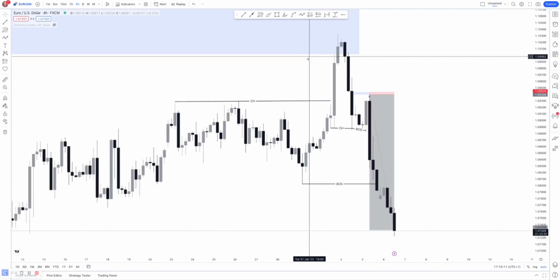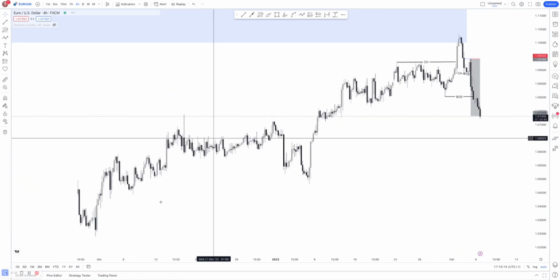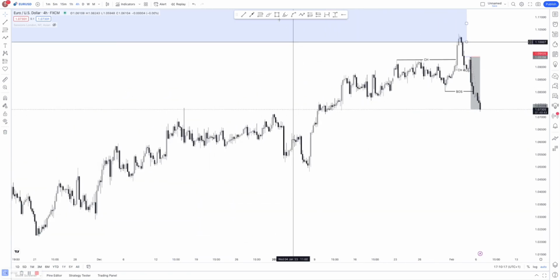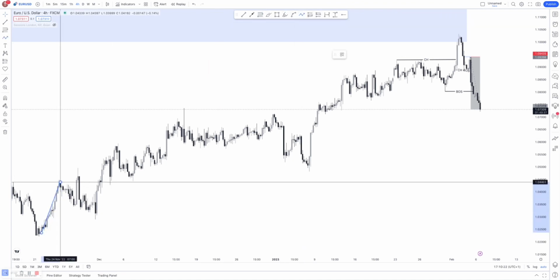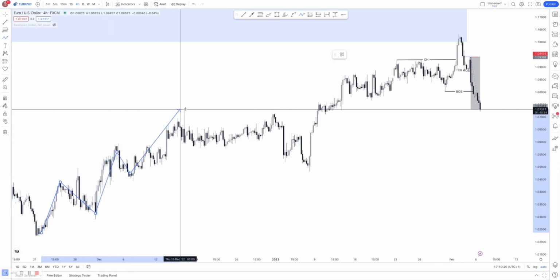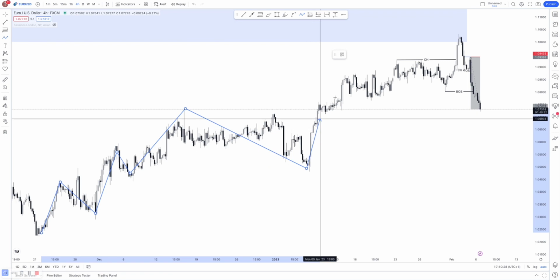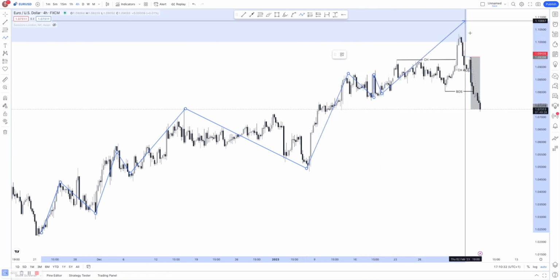Although we're currently in a bullish trend on the 4-hour time frame, as you can clearly see, the market was creating a series of higher highs and higher lows, then a higher high there.